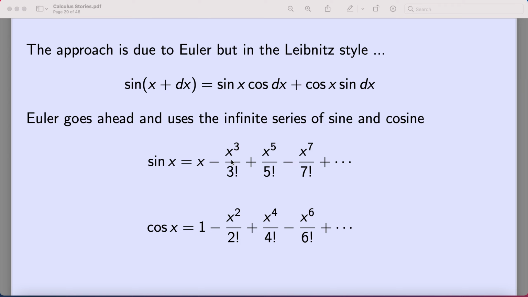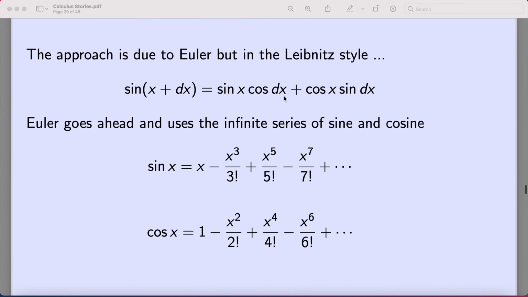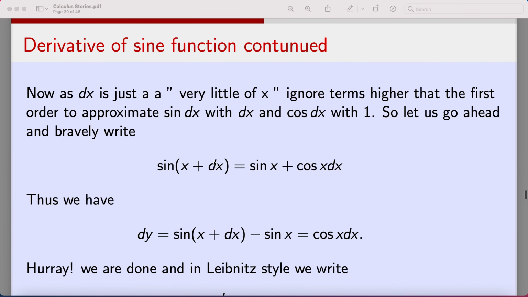And cos x is almost 1. So here we have the term cos dx which can be replaced by 1, and here you have the term sin dx which we can approximate by just dx. So you get sin of x plus dx is equal to sin x plus cos x dx.